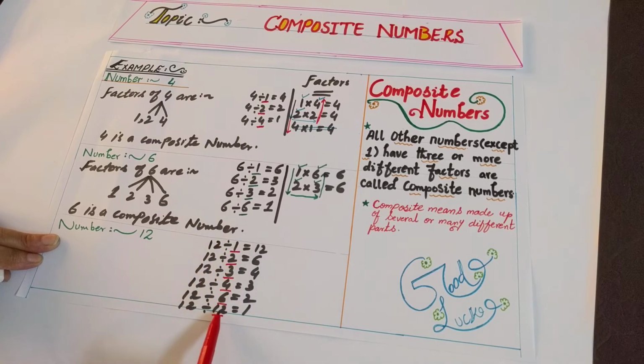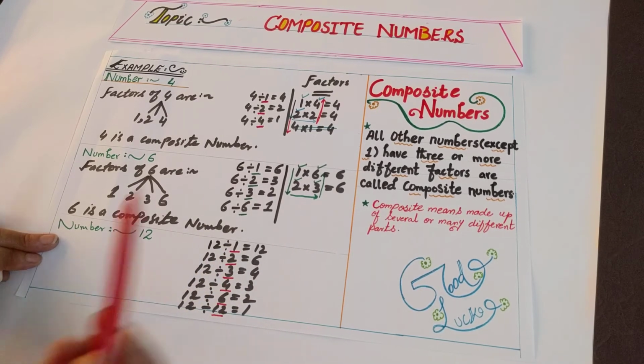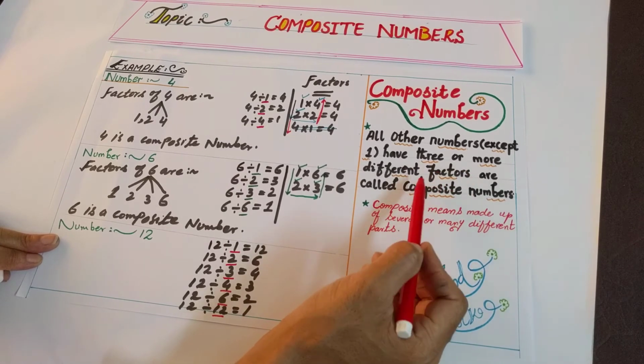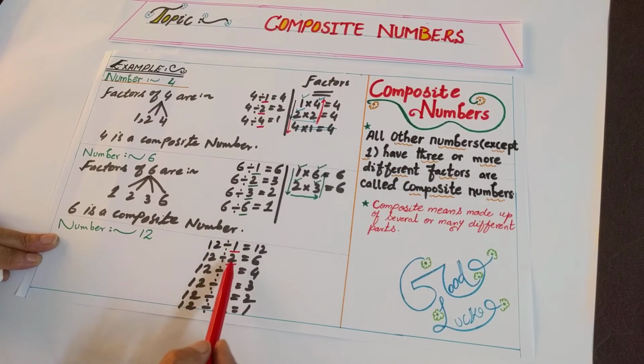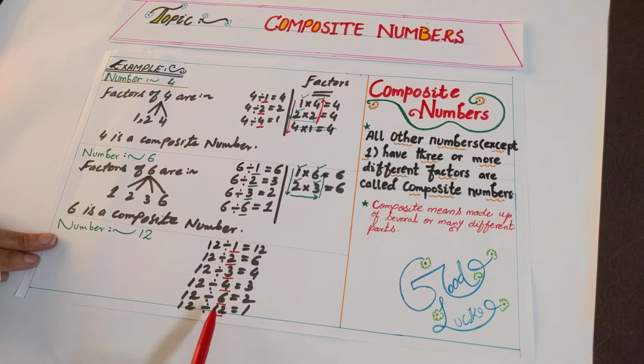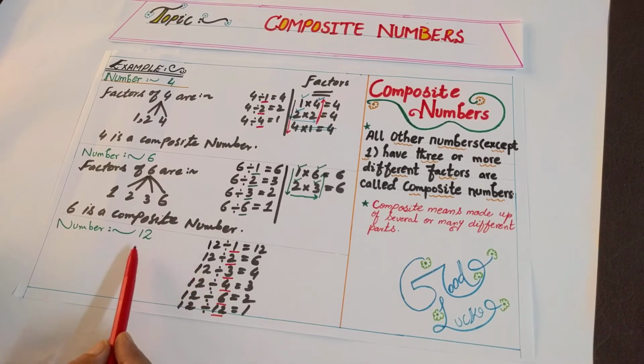These all factors are dividing this given number 12 completely without leaving any remainder. That's why there are 6 factors of 12, more than 3 different factors, and all the factors are different from each other. It means this 12 is a composite number.